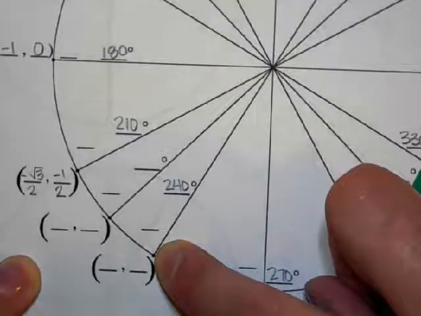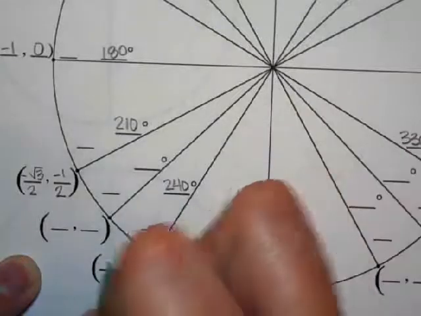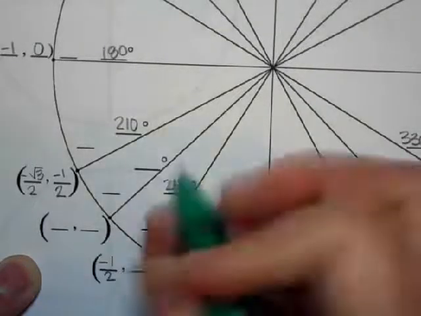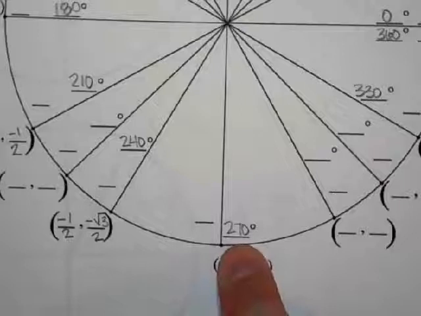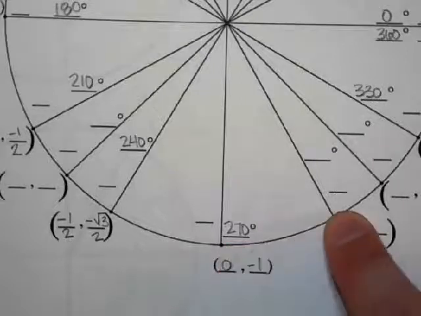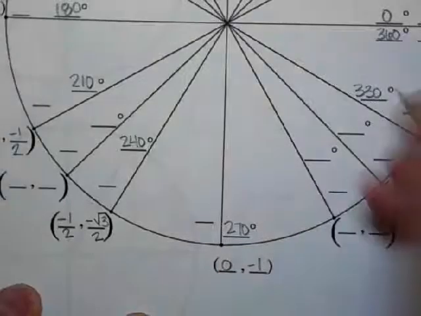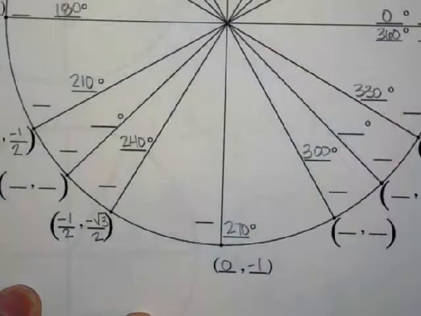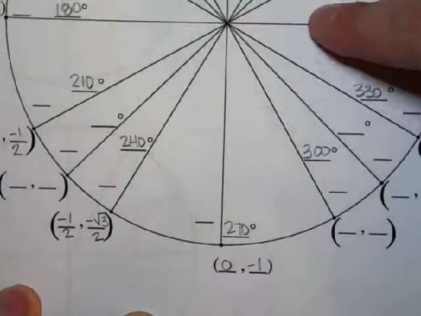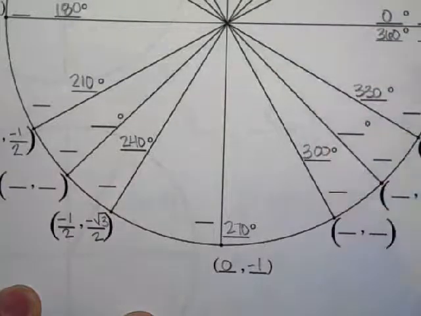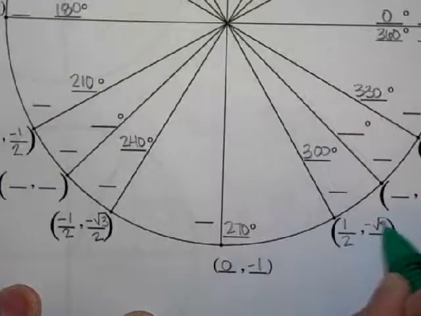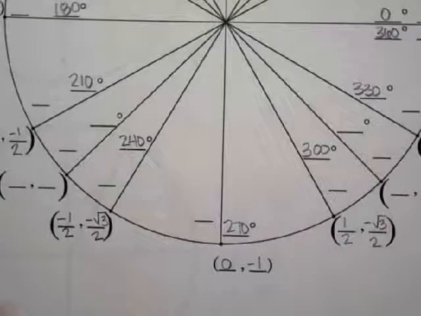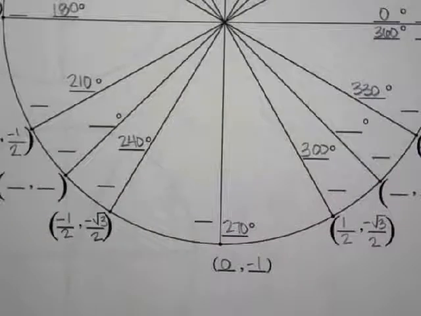So we got left 1/2 down. This is 270. What would be 30 degrees this way? 300. So we have right 1/2 down root 3 over 2. So right 1/2 down root 3 over 2. All right. Brains are good? Okay, next one.